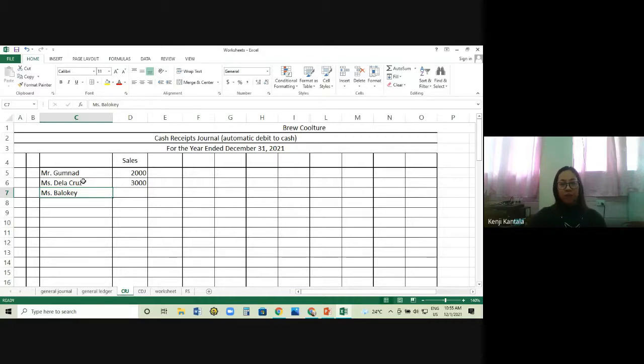Okay, so since no cash is involved yet, we will record this as part of your general journal. It cannot go in the cash receipts journal because we did not receive any cash.